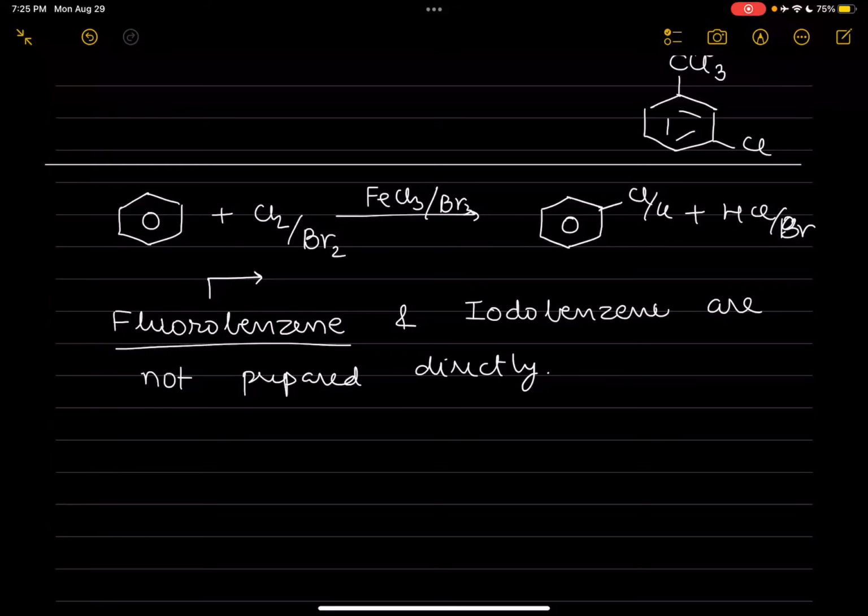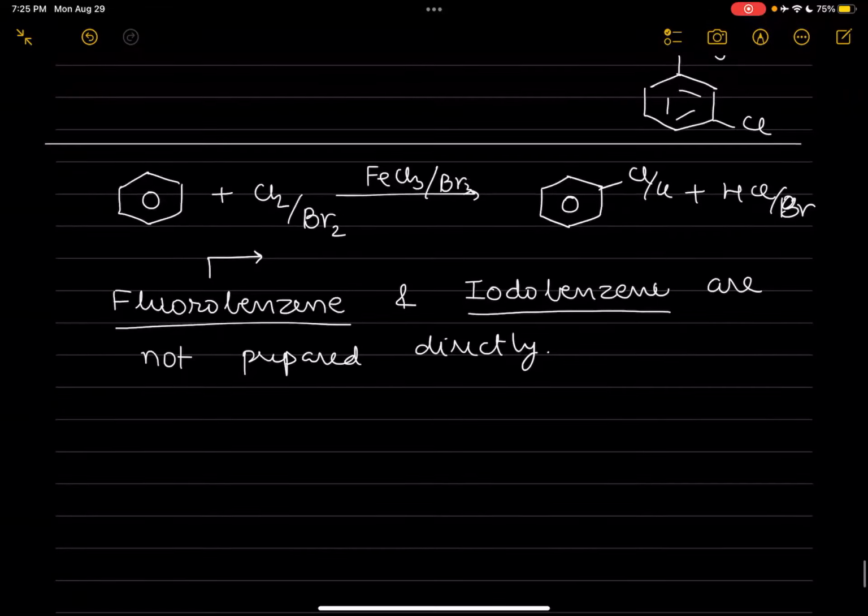And iodobenzene has a different problem. Iodine is very large, so it has very low reactivity, and the reaction doesn't get completed.